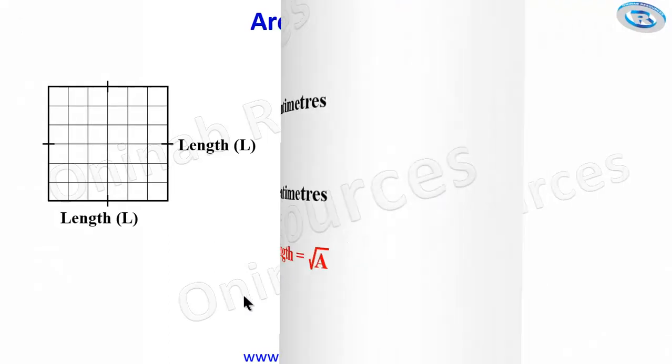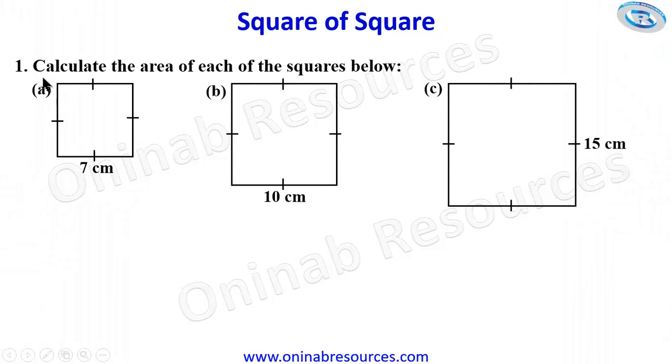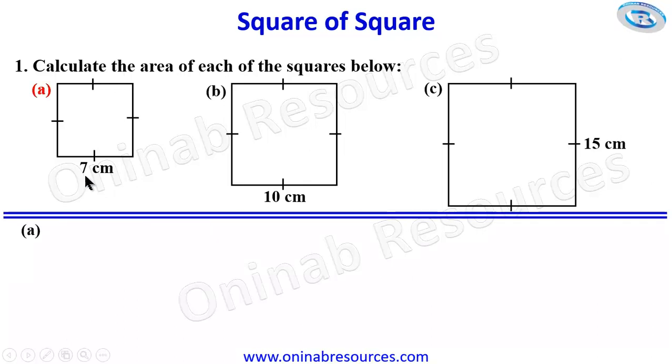So we start with the first problem. Problem 1. Calculate the area of each of the squares below. So we have 3 squares. The first one is 7 centimeters, the second one is 10 centimeters, and the third one is 15 centimeters. So starting from A, we are given the length to be equal to 7 centimeters.